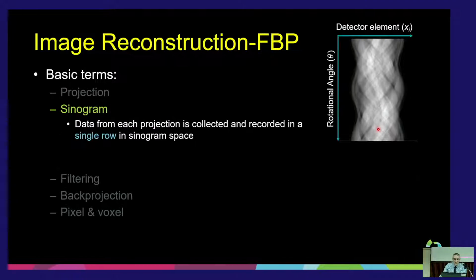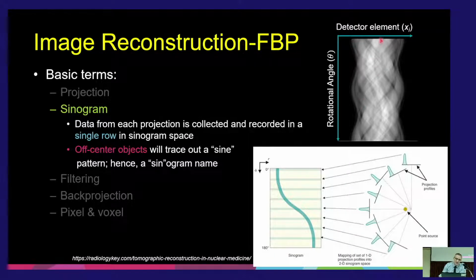We collect all of these and we place them in what we call a sinogram. For every row in the sinogram, it lists every one of the exposure events in each detector. And as we go down the sinogram, that represents every different angle as it spins around and around the patient. We call it a sinogram because, if an object was dead center and the system spun around, that would project a single line straight down.